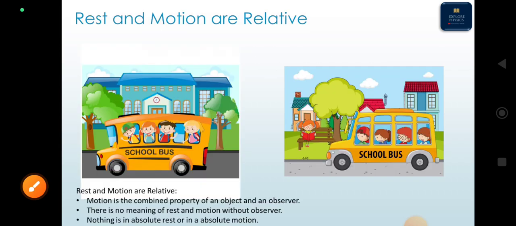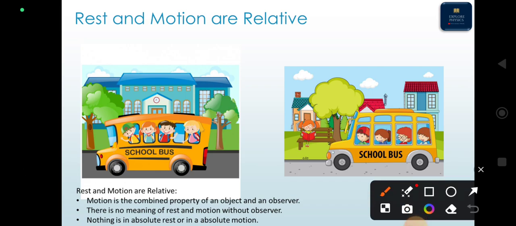In this example, rest and motion, as we are saying, are based on the observer's frame of reference, meaning according to whom we are saying the object is in the state of rest or in the state of motion, we need to consider this, right? Here rest and motion are relative. This word relative shows that it is based on the observer's frame of reference, right?